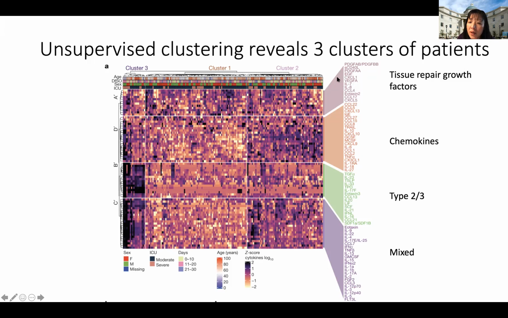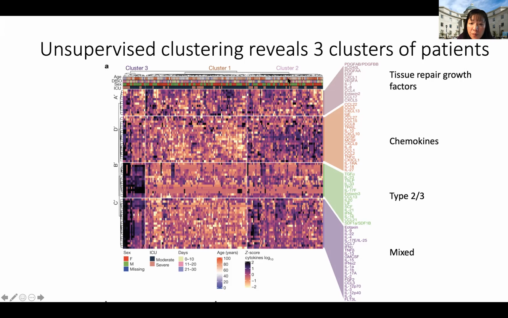These are growth factors that allow repair of various different cell types in a tissue, including IL-7, which is a growth factor for lymphocytes. So this first signature appeared to indicate a reparatory function of the immune system.